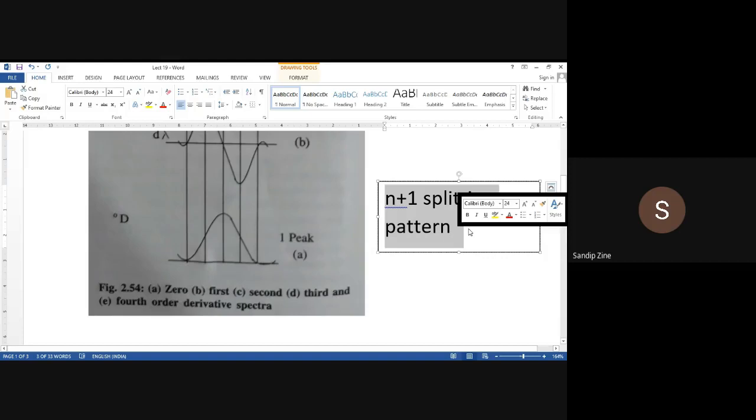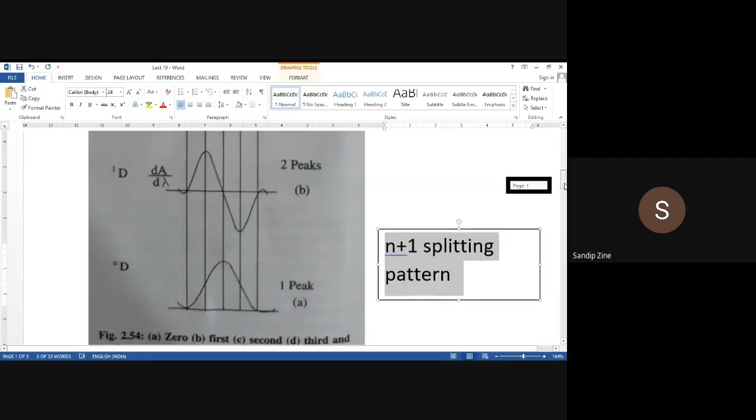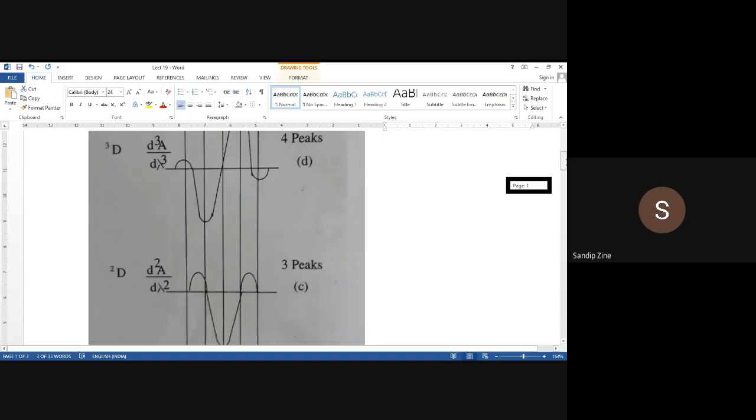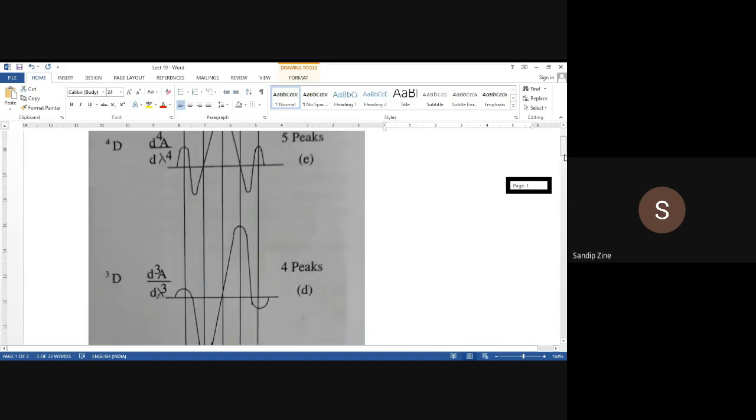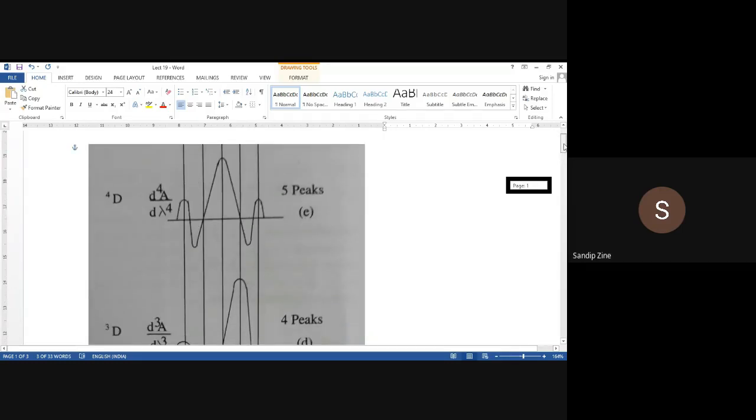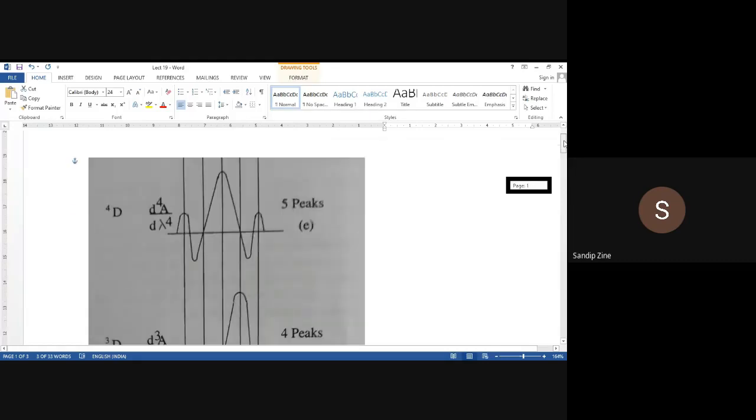Though the increase in the number of peaks helps in producing the spectral characteristics of a compound, that also increases the complexity, isn't it? If you go for a higher number of derivatives, you will get more peaks and more complex spectra.